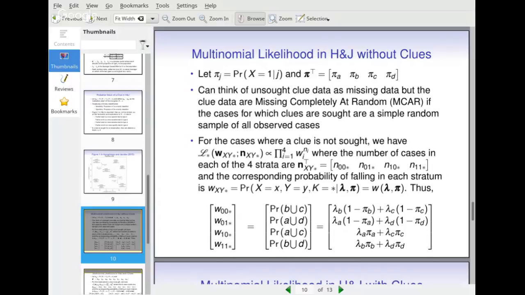So there's some function, let's call this the W function of lambda and pi, that spits out the probability of falling in each of the 4 regions of the 2x2 table. That's all. It's a slightly tedious function, but it's not really complicated. Questions about that?